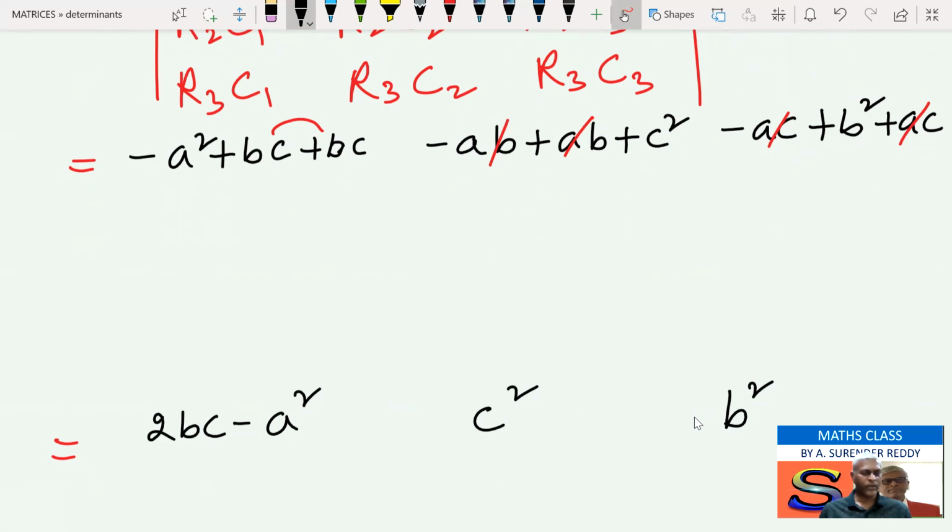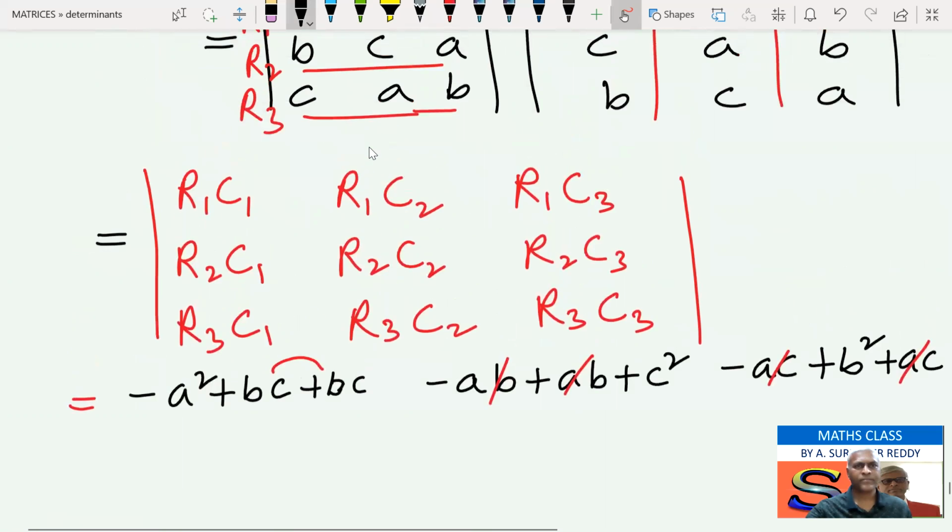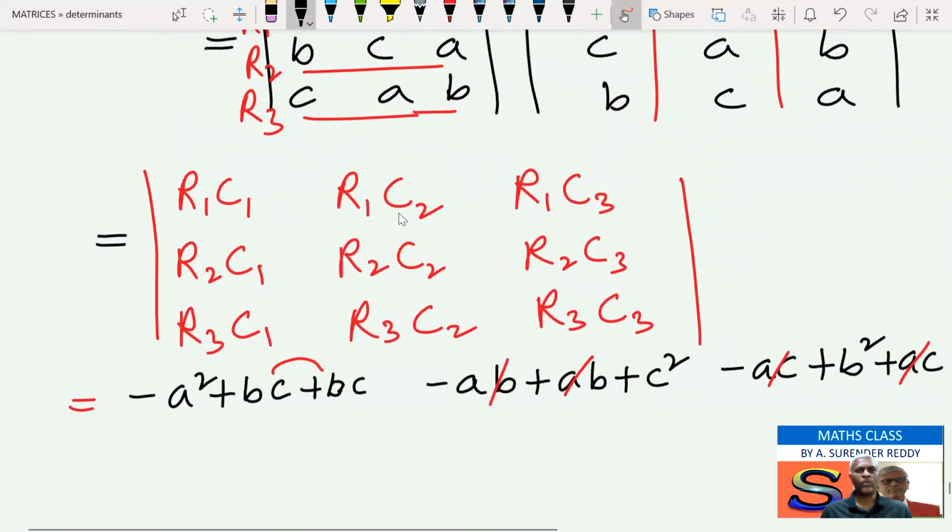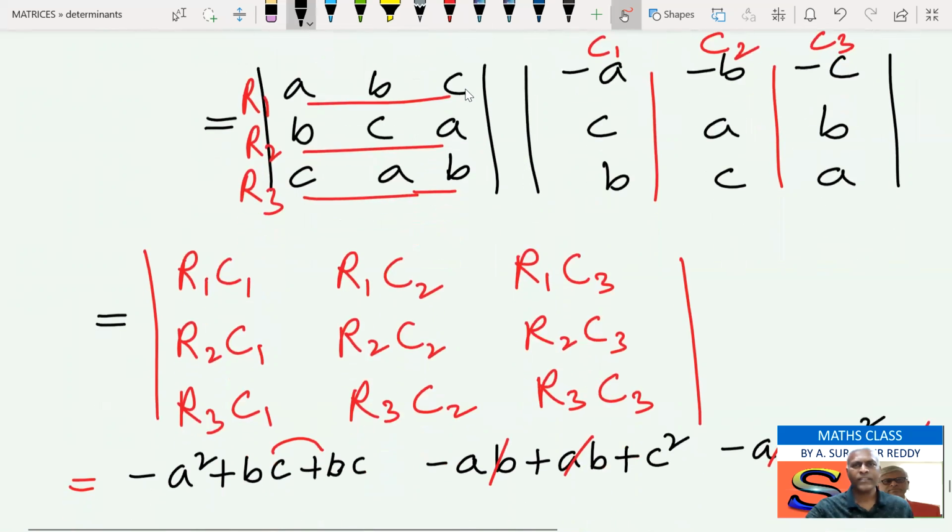This is what we want. Similarly, the second row BCA with C1, R2 C1: B into A, minus AB, C square, A into B, AB.